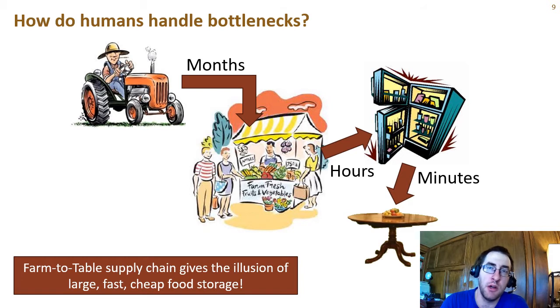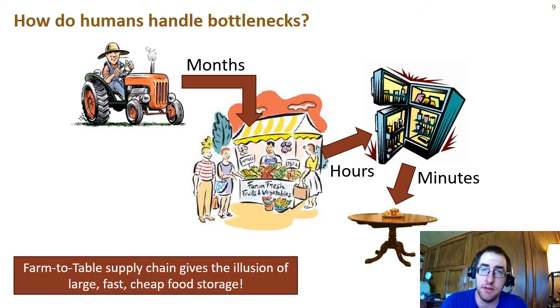When the farmer harvests their food, they can distribute it to distributors, and then to grocery stores and markets. Then we can go to a market and buy our food, and it may take us an hour or so. And then we put our food in our refrigerator or even our freezer, and then it just takes a couple of minutes when we actually want to eat something to go and get it.